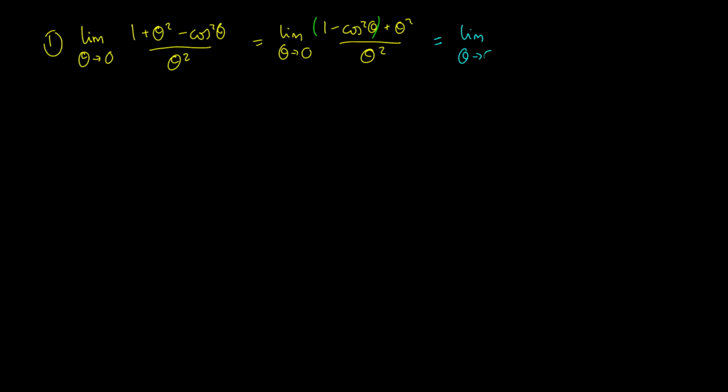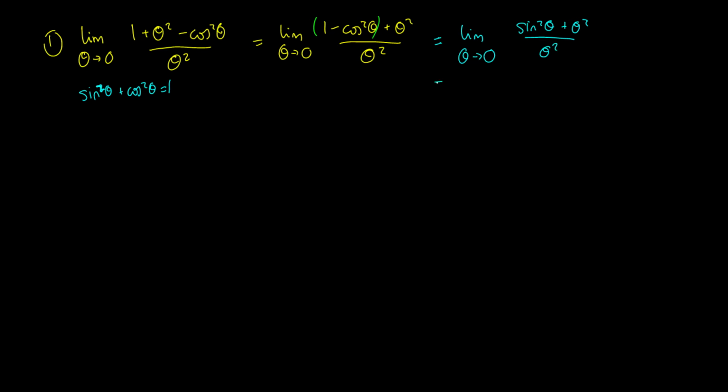In fact, I'll write this down right here. We know that sine squared theta plus cosine squared theta is equal to 1. If you do not remember this, please try to review your trig functions. These are very important for these equations, especially if you want to make this work. So 1 minus cosine squared is going to be sine squared theta plus theta squared all over theta squared.